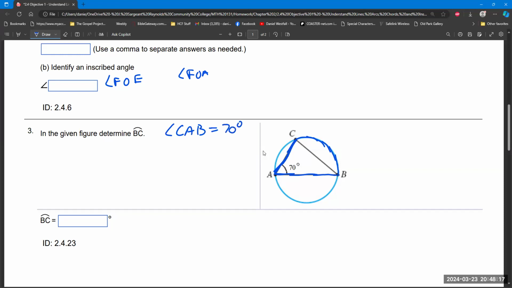That's 70 degrees. And so we have a property in the book that tells us that we can multiply this angle times 2 to get the measurement in degrees of that arc. So that arc is 140 degrees.